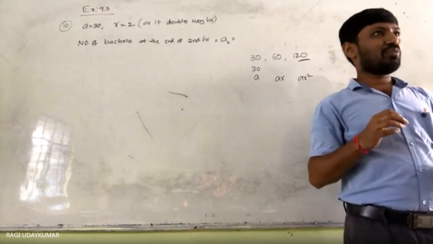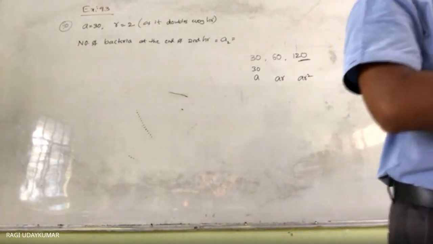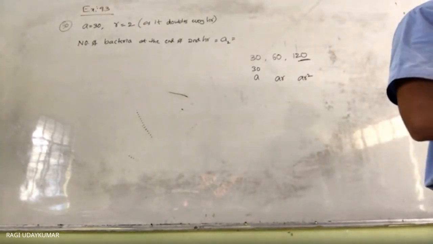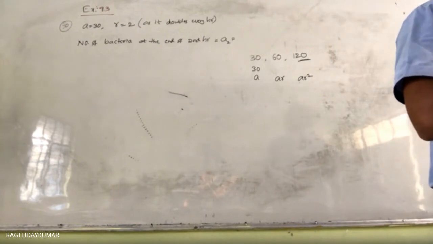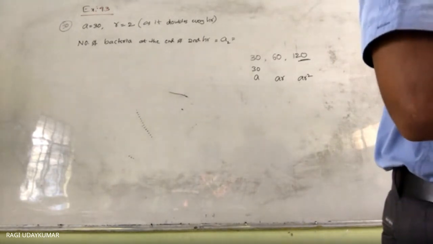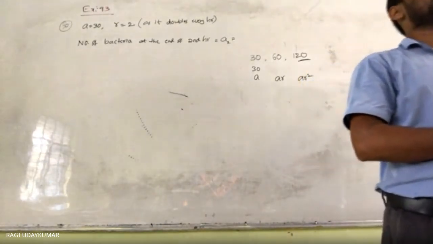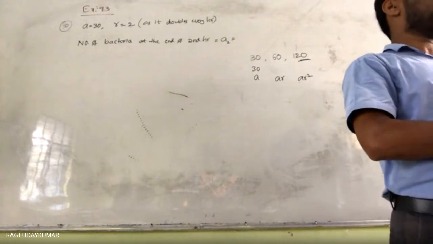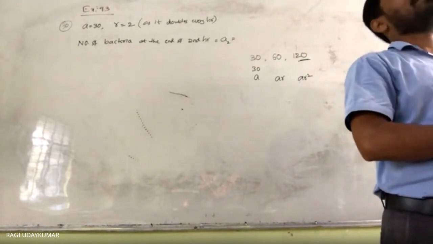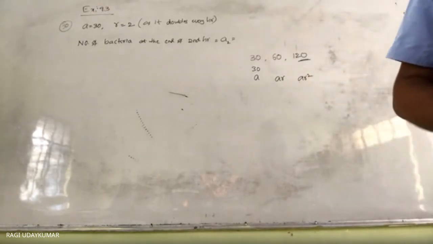Understood? In the same way, at the end of the fourth hour, what do we need to find? A5. At the end of the second hour, fourth hour, and nth hour, it is n plus 1, a r to the power of n, which is 2 to the power of n into 30. Simple question.